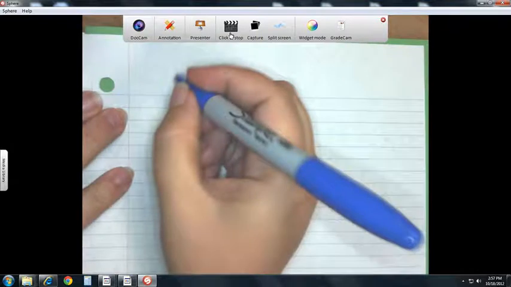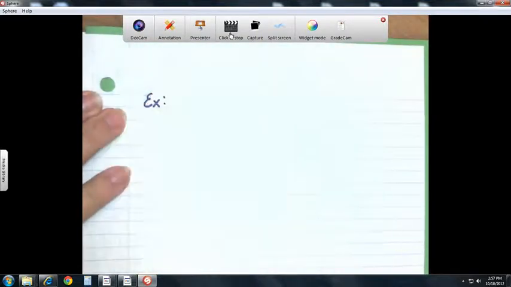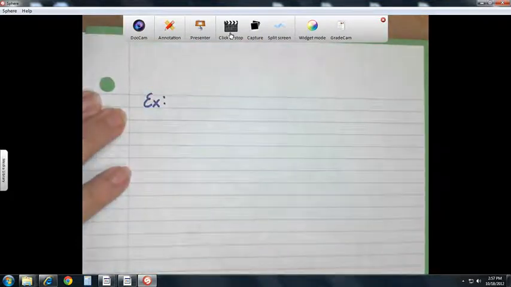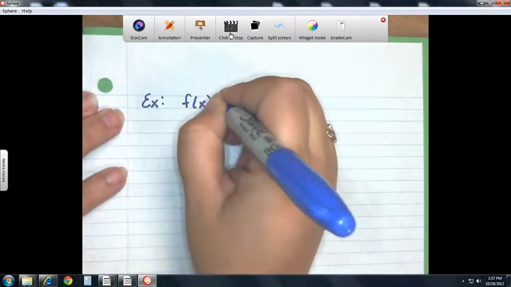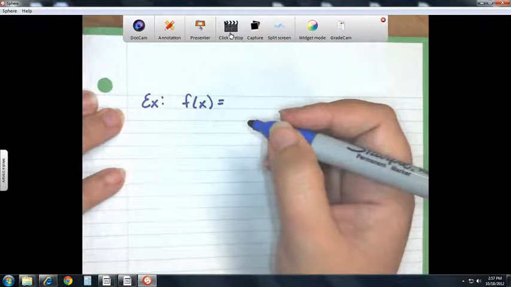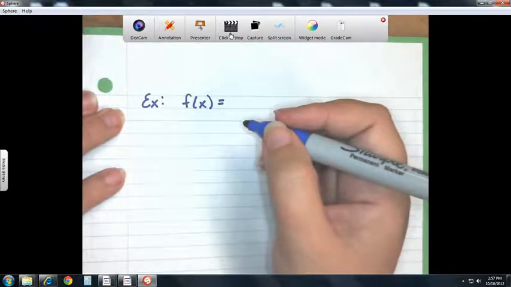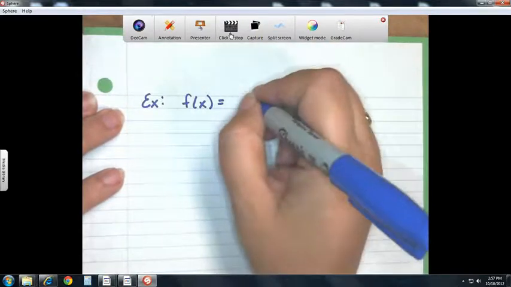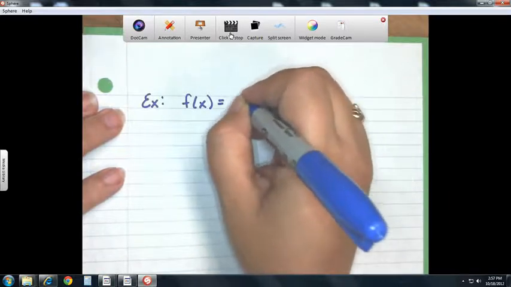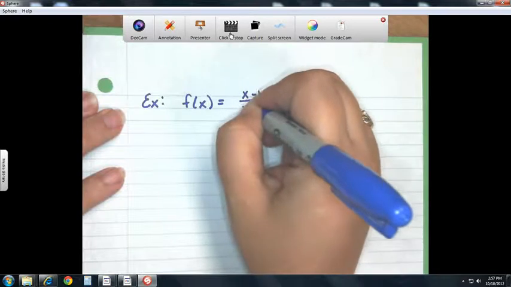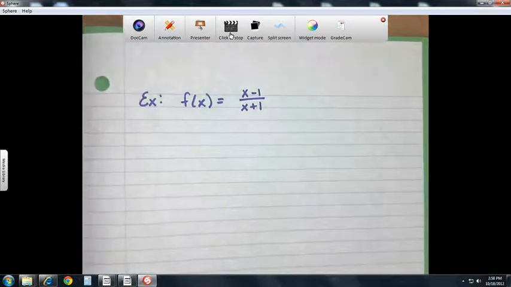Okay, ready? This time my function is going to be x minus 1 over x plus 1. And we're going to do it on the interval 0 to 3.